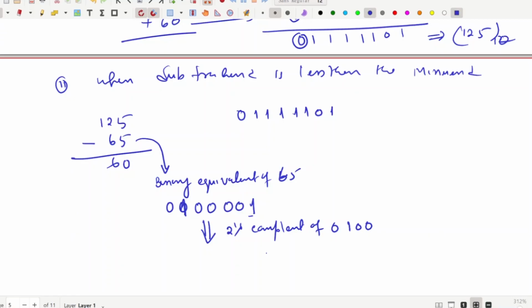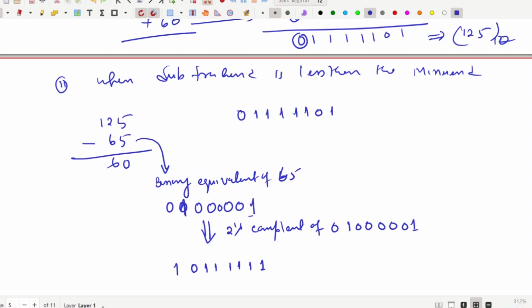We know that starting from the least significant bit up to the first non-zero bit, the number is retained as it is, and the rest of the zeros are converted into 1 and ones are converted into 0. So the first is already 1, that is retained, then the zeros are replaced by 1 1 1 1 1, then this 1 is replaced by 0, then this is 1. Here we see that the sign bit is 1, which means this is the 2's complement notation and it represents a negative number.